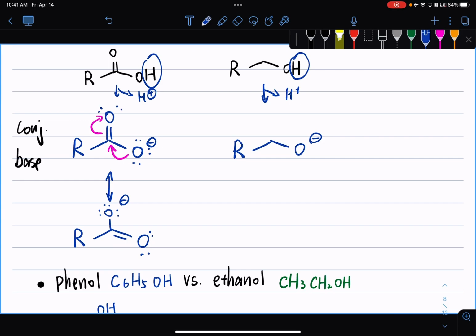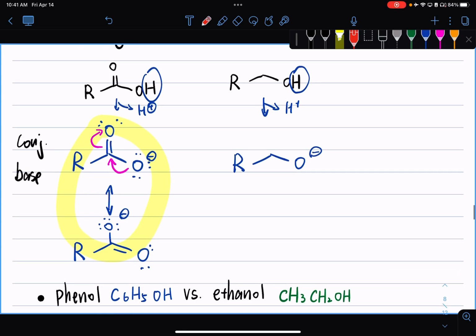On the right-hand side, alternatively, you don't have that stabilizing resonance structure in play. So if we're comparing these two, the conjugate base of your carboxylic acid is stabilized by resonance structure.